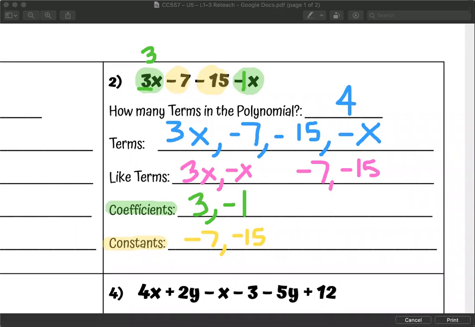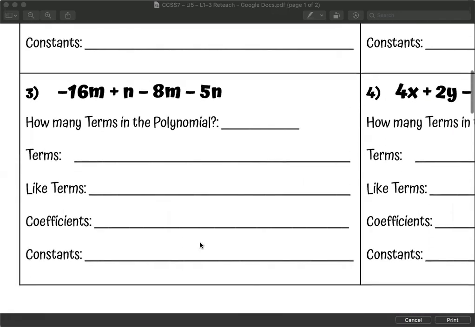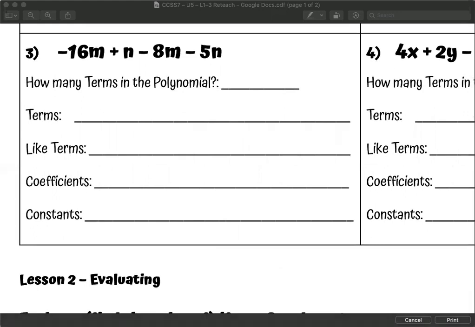All right, let's try the next one. Number 3. How many terms do we have? We've got 1, 2, 3, 4 terms. Now, what are those actual terms, including our positives and negatives?